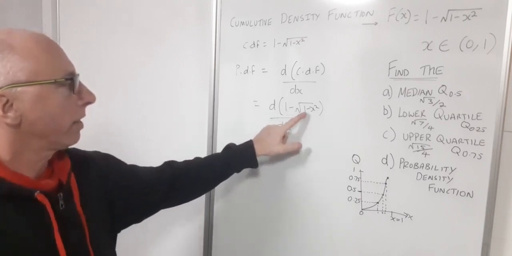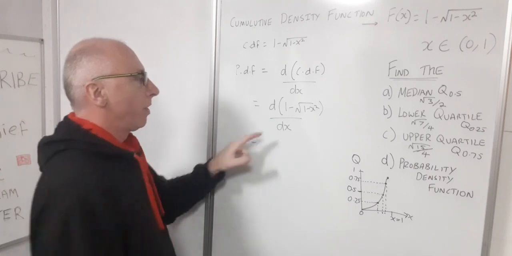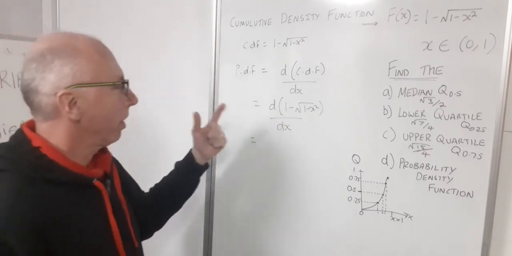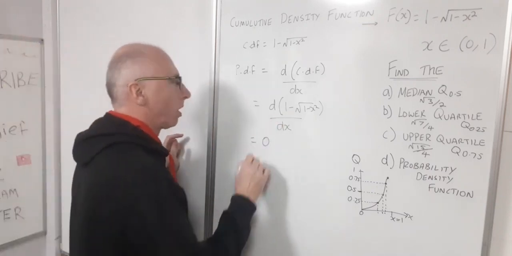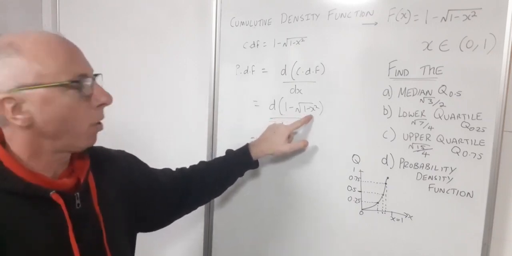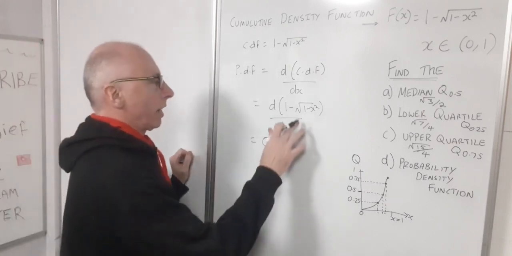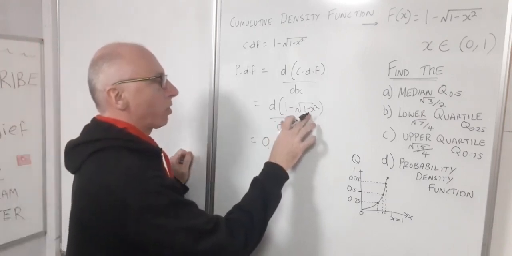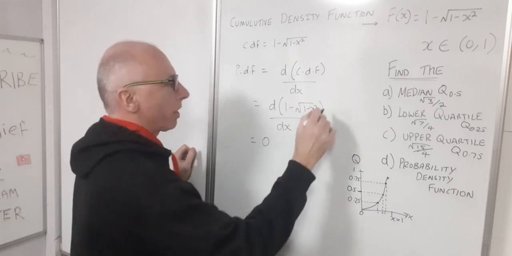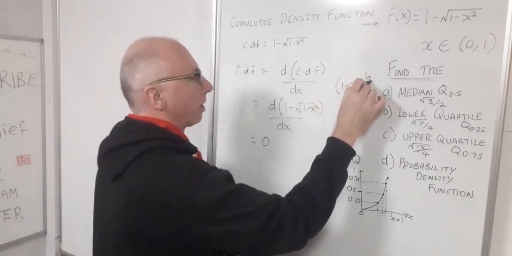Okay, let's take the derivative of this. The derivative of 1 is just 0, so that disappears. And then the derivative of minus square root of 1 minus x squared. Derivative of a square root, so we could write this square root as 1 minus x squared to the half.